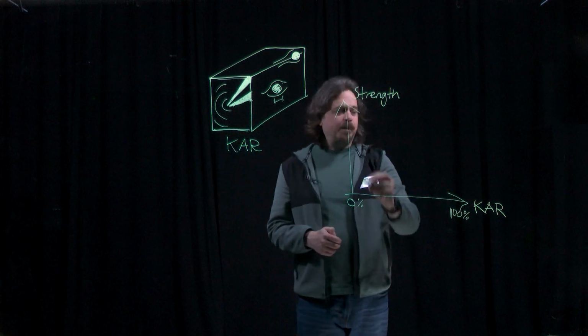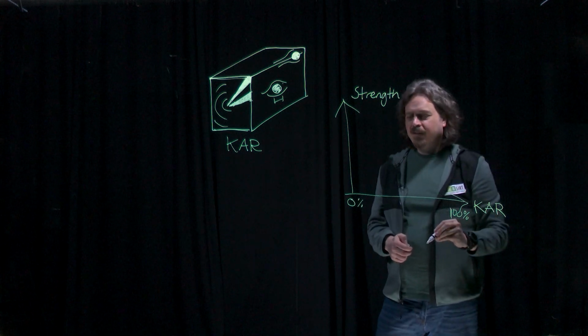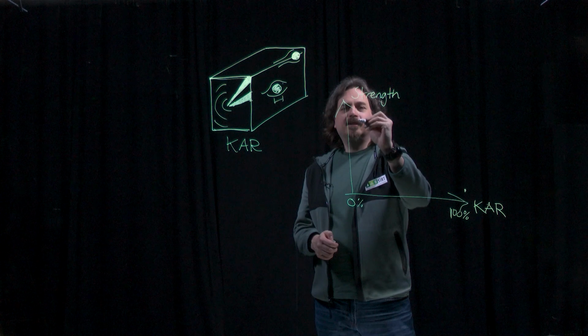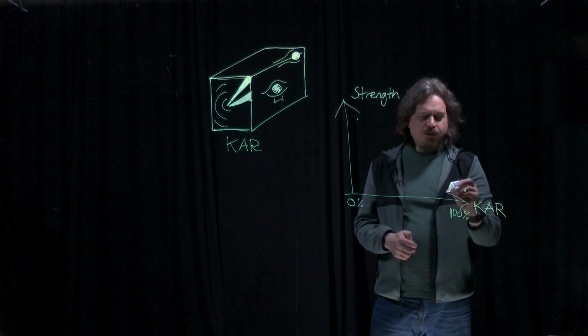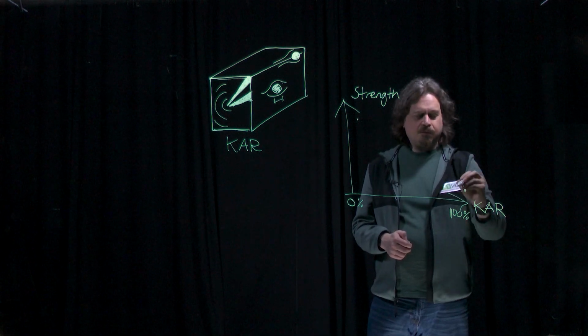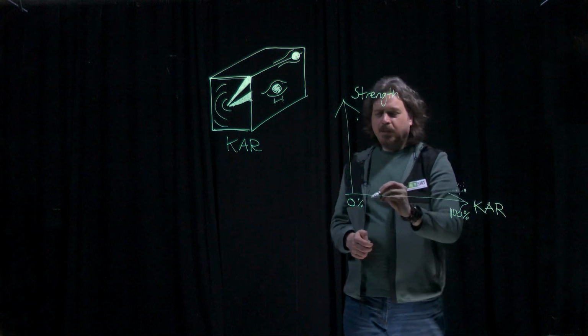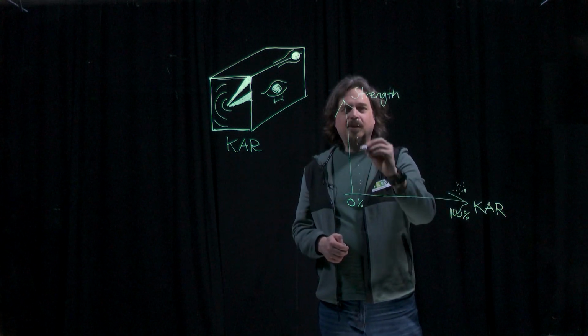So you would expect that the ones that have many knots have low strength, and the ones that have no knots have good strength. And it's certainly the case that if you have large knots, it's very rare that you have high strength. But it's quite common that even if you have no knots, you have low strength.